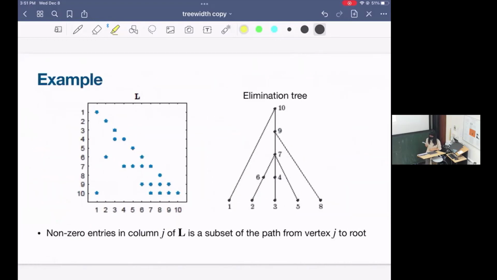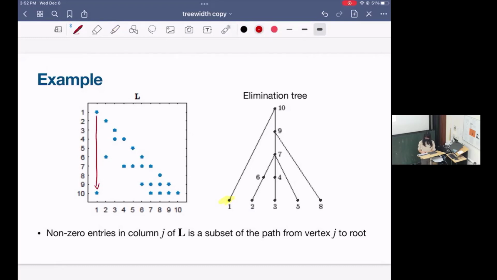Like I said, there's an elimination tree, and how is this built? Basically, we have one vertex for every row/column of L. For example, I have this vertex 1, and its parent is going to be the node corresponding to the entry right below this 1,1 entry in the matrix.